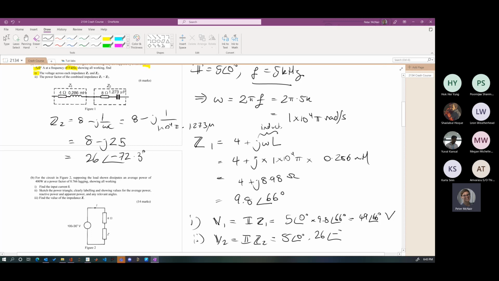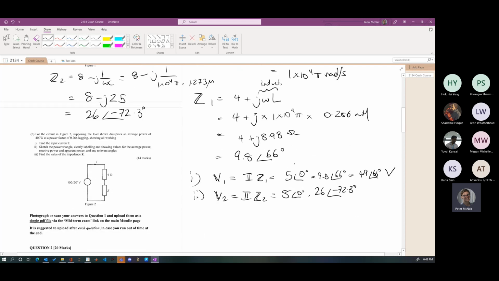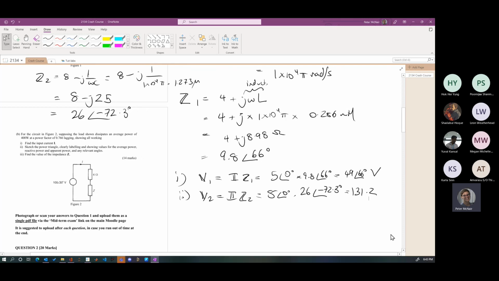If these conversions are taking you a bit of time, I recommend trying to speed them up as much as you can, because we're under time pressure. Being able to do this very quickly will save you some precious moments in your midterm. So V2 is 131.2 angle minus 72.3 degrees, and that's in volts.